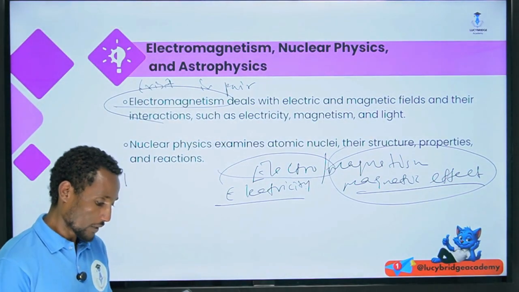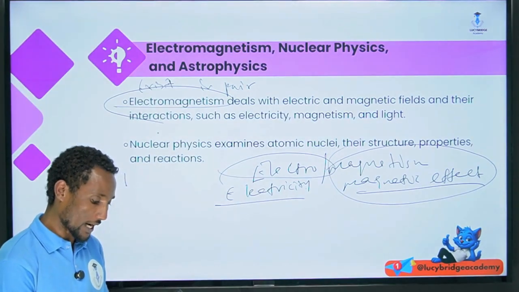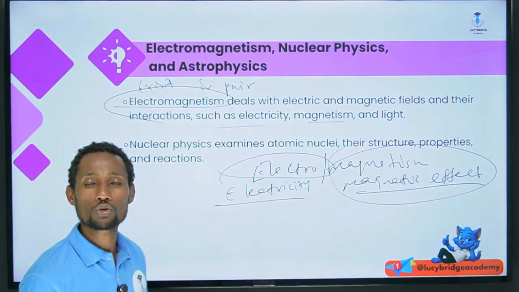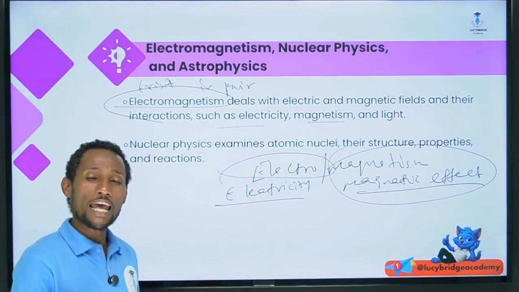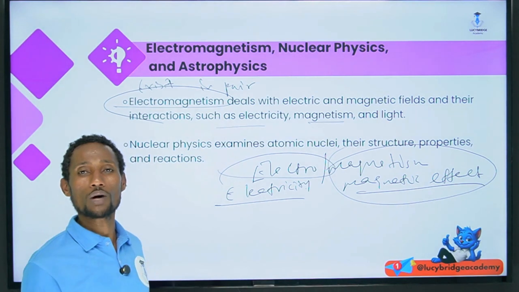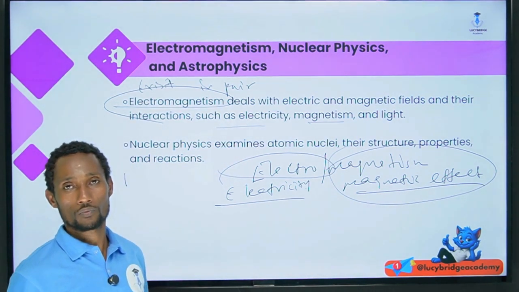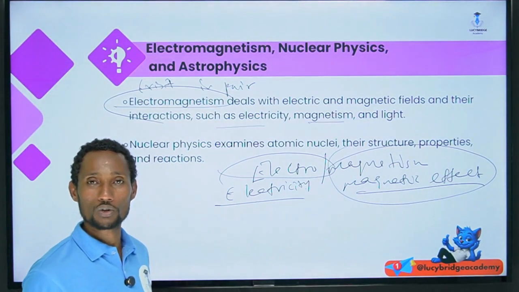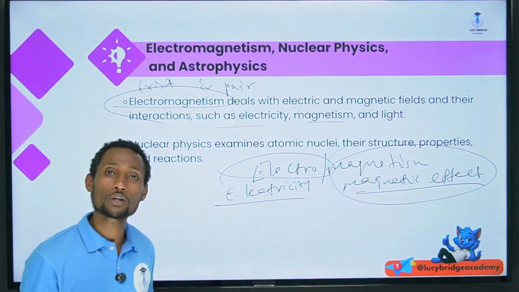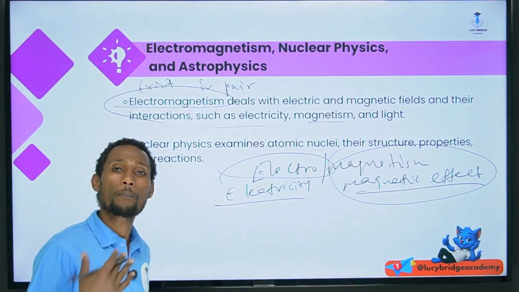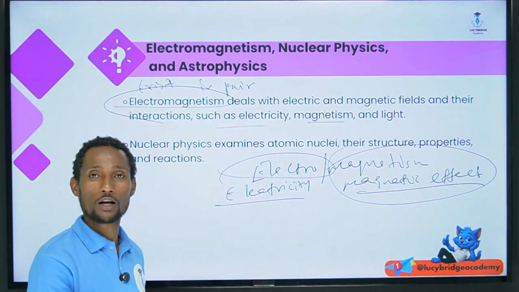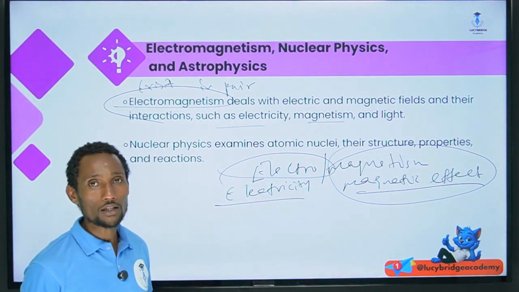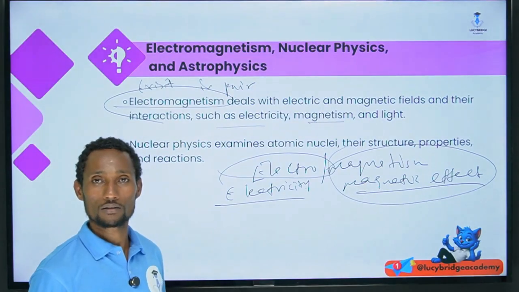So we'll see how the magnetic field and the interactions of electricity, magnetism, and also light appear in electromagnetism. Any matter in the universe is electromagnetic in nature, having its own electron, proton, and neutron within the atom. These are electrical, and they also have magnetic properties, the attraction and repulsion property, which is magnetism.